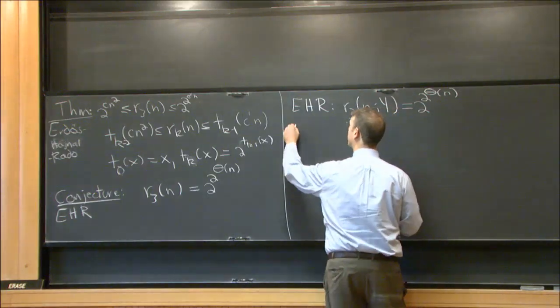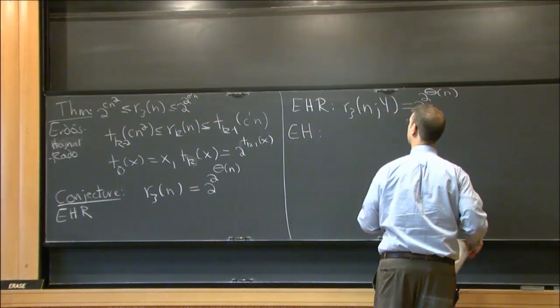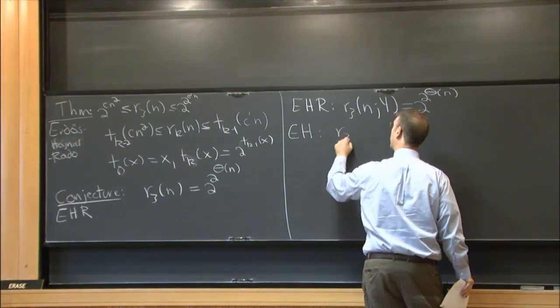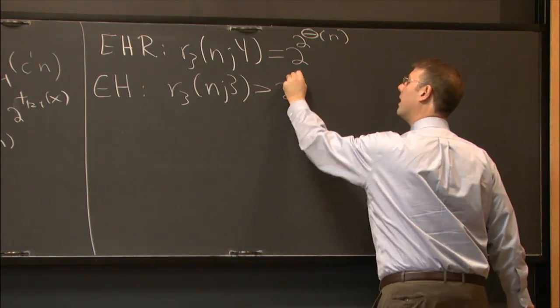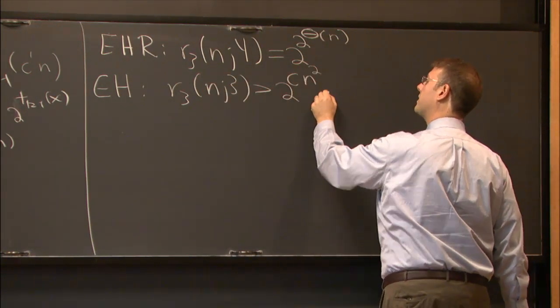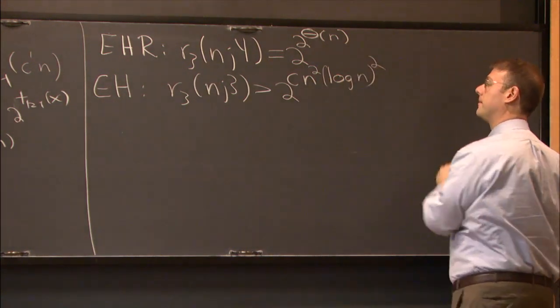Erdős and Hajnal were interested in what happens for 3 colors, and they could get an improvement on what they had before. They could prove it's at least 2 to the cn squared times log n squared.